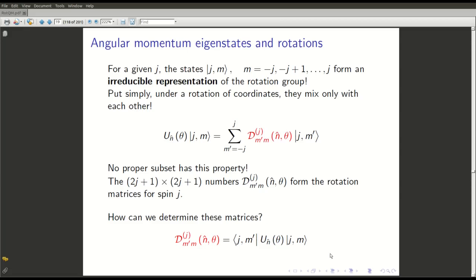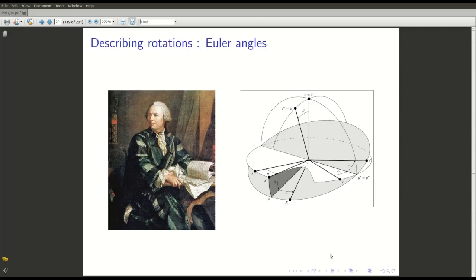Maybe you have already guessed what I mean. I am talking of the Euler angles as a means of representing rotations. Of course, on the left here you can see a picture of Leonhard Euler, the grand old man of mathematics, who did, well, you name it, he did it.